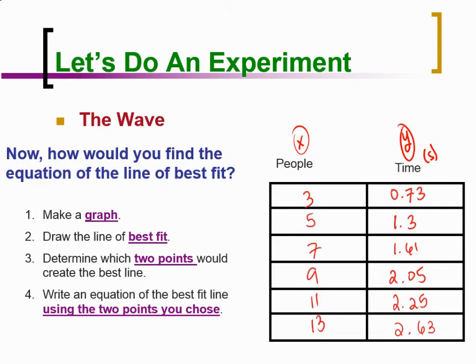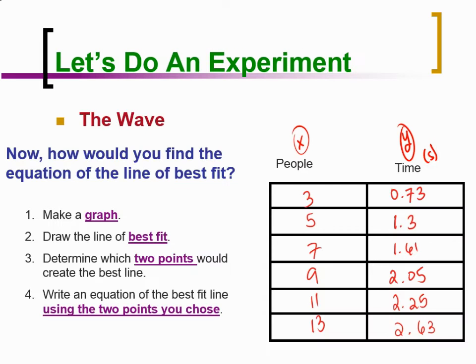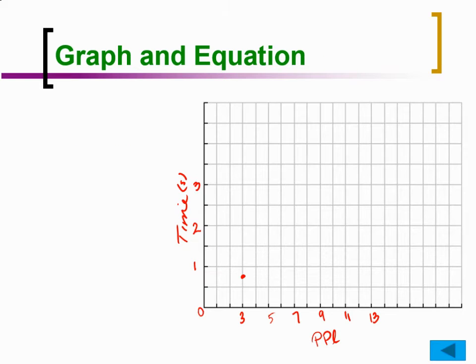Okay, so we had 3 people took approximately 0.72 seconds. So I'm going to estimate where it would fall. 5 people took 1.3 seconds.